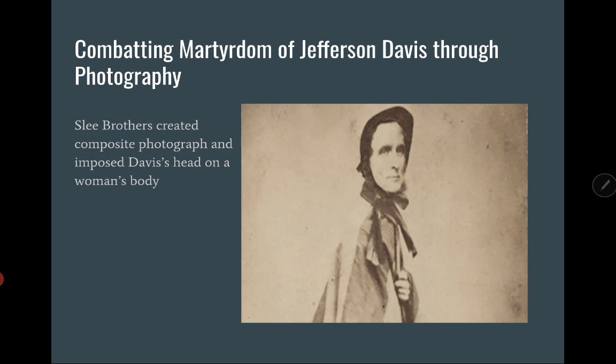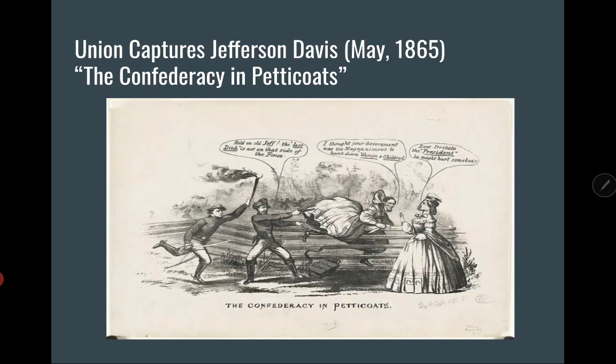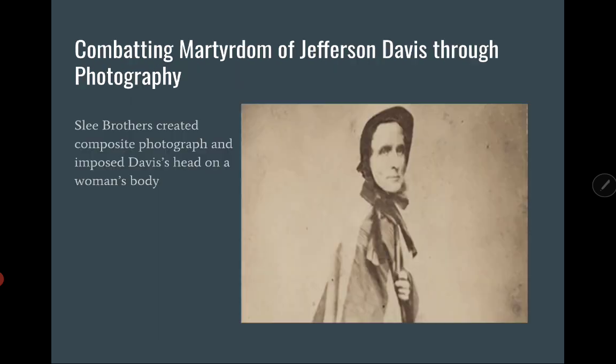People start to paint him as if he tried to run away in a woman's dress. This is an early, what do you call it, Photoshop. It's not really Photoshop, but they do something else with it. People are trying to discredit the whole Confederacy with these actions, and soon the Confederacy will sign over anyway.